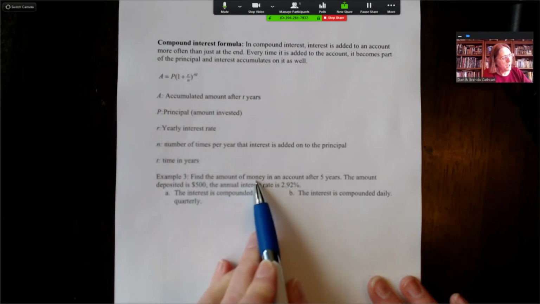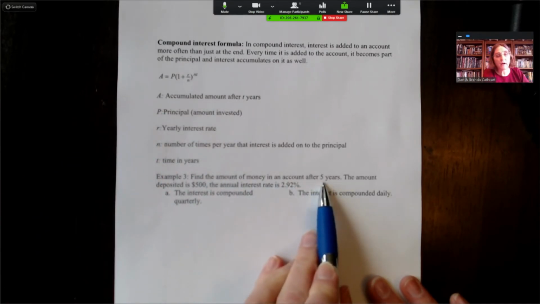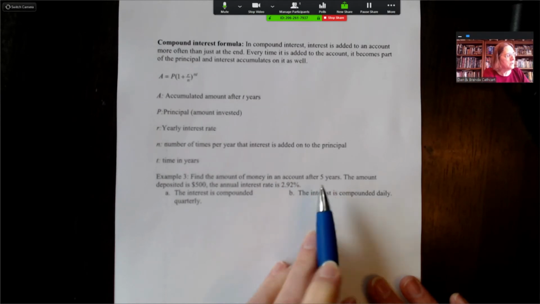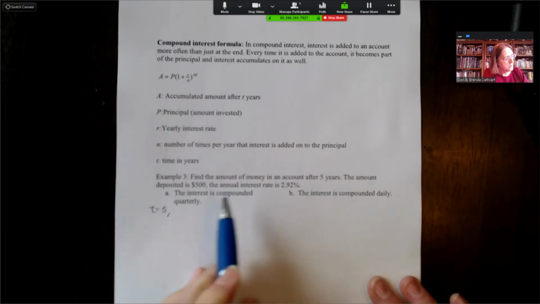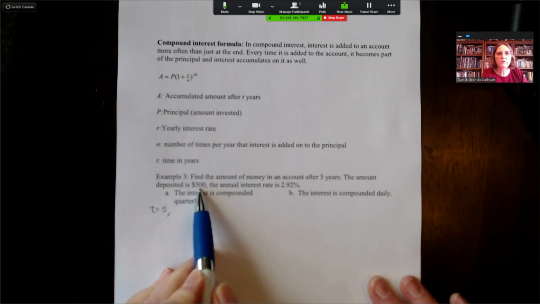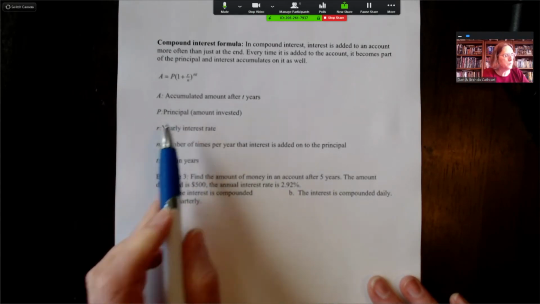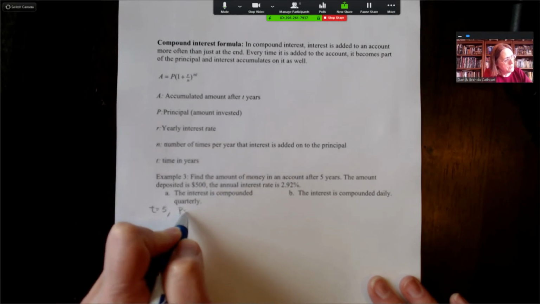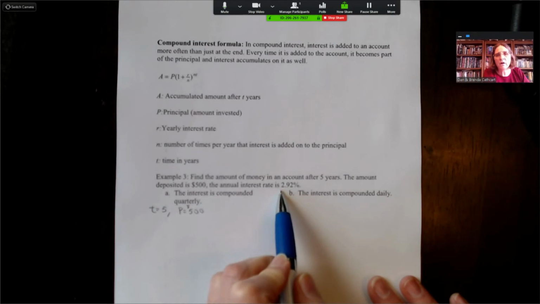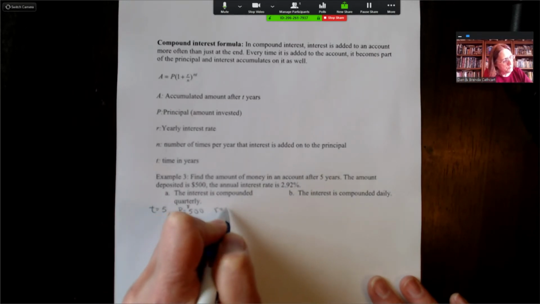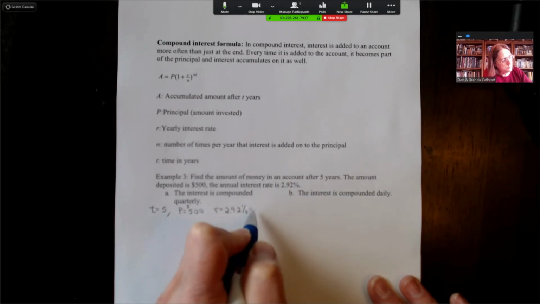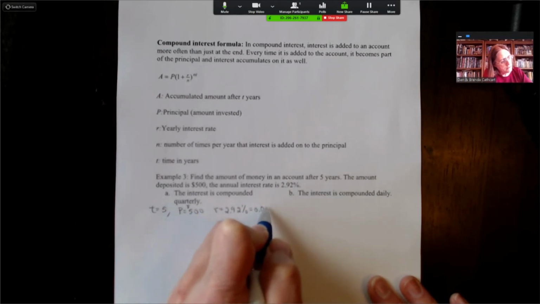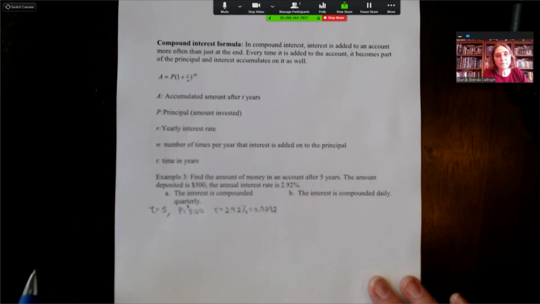We start with the amount of money and we want to have it in an account for 5 years. So T is going to be 5. The amount deposited is $500. That's our principal P. So P is $500. The interest rate R is 2.92%. In decimal form, that's 0.0292.